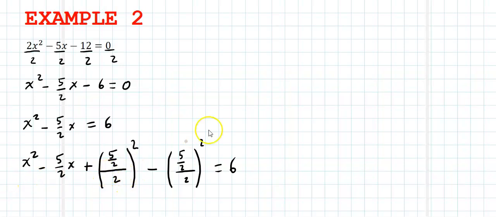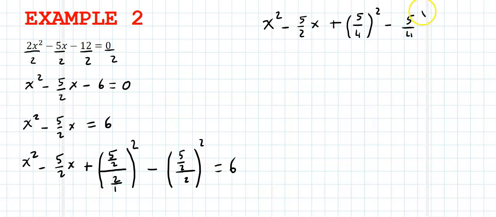So we have x to the second power minus 5 over 2x plus, remember that we can multiply 5 by 1 and 2 by 2, so it is 5 over 4 to the second power, minus 5 over 4 to the second power, equal 6.